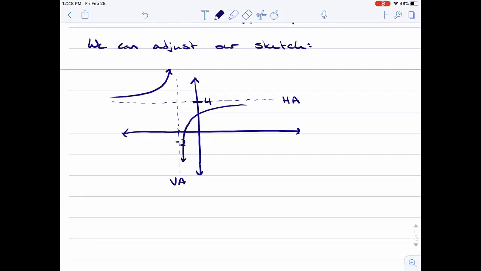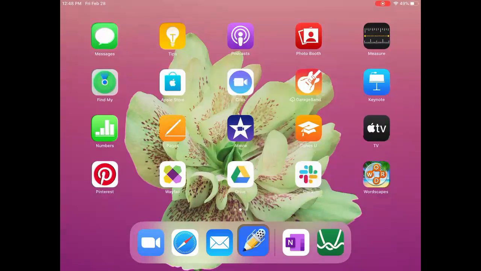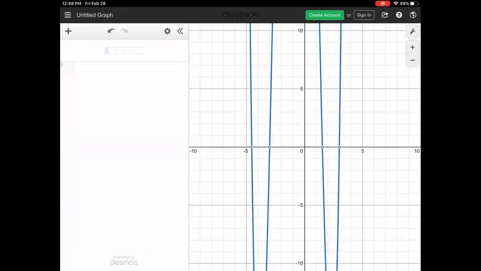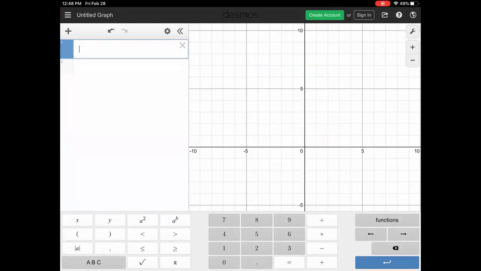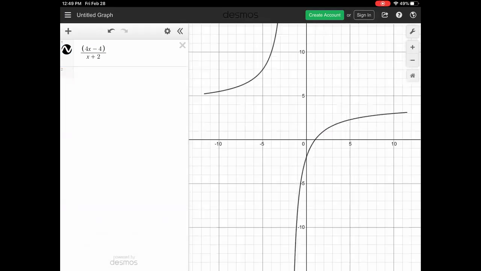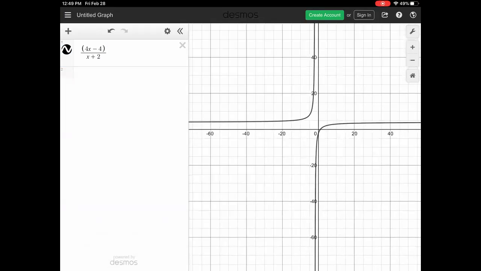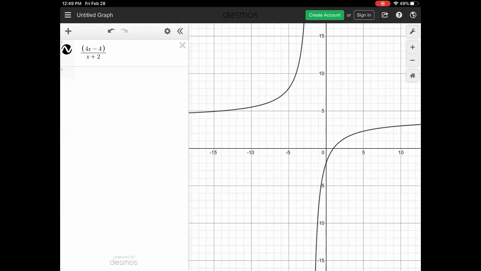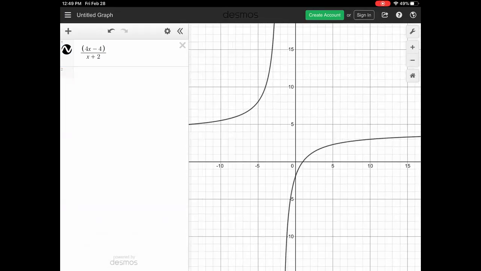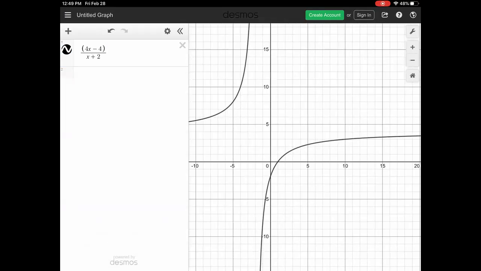We can check our work so far in Desmos, right? There's a couple of other things that we haven't had a chance to look at, but that we'll look at next day. So if we have our little guy here, I'll put him in brackets, 4x minus 4, all divided by x plus 2. If I kind of zoom out here, so far so good, because, well, I have to figure out, looks like 1, 2, 3, 4.